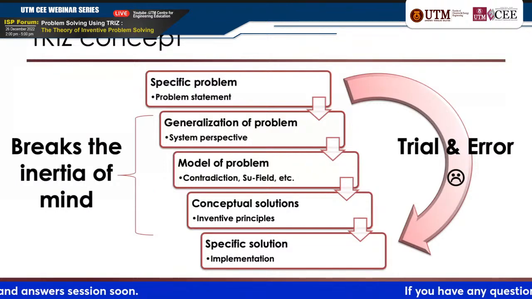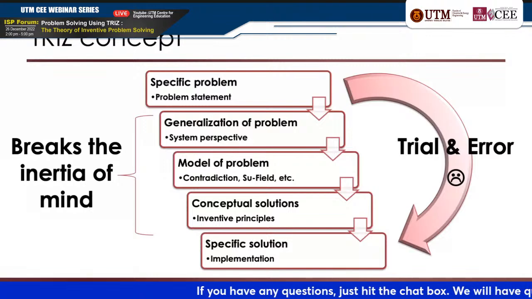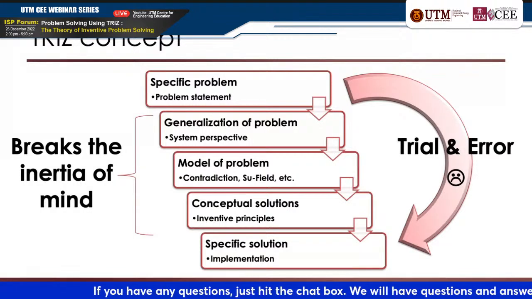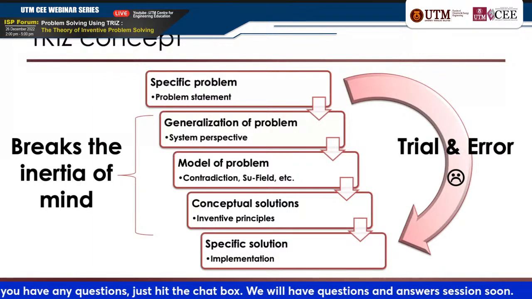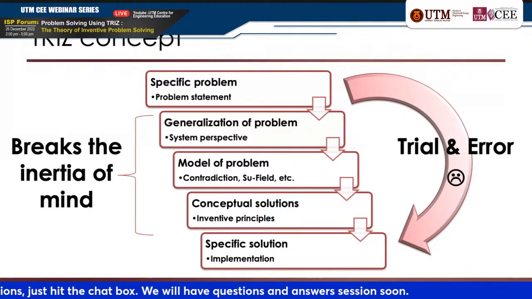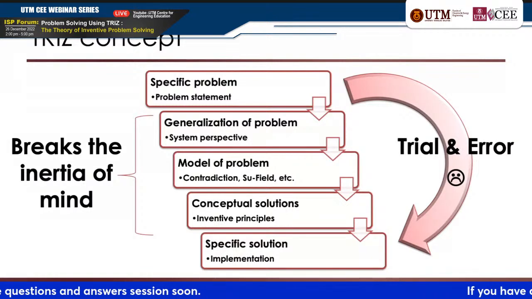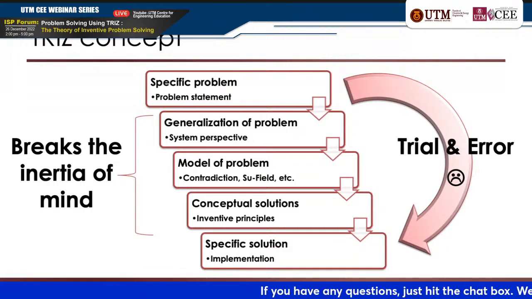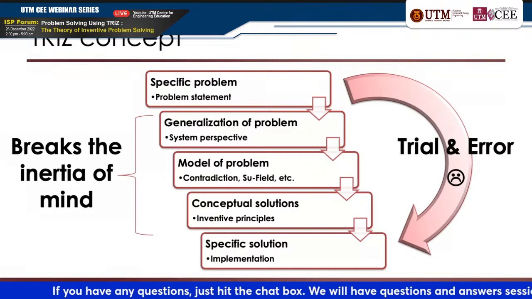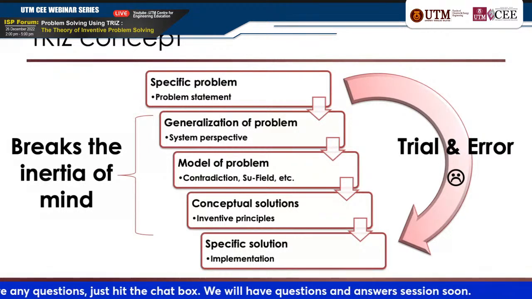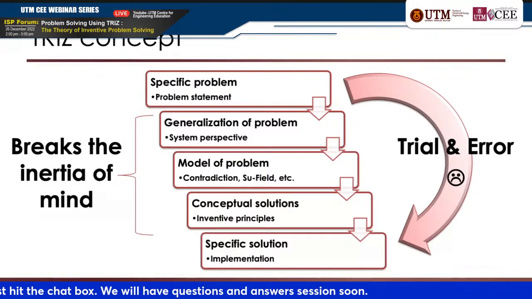If we go with trial and error, you might be able to solve the problem quickly, but there is also a risk that the solution is not 100% solved. You need to make sure you do not waste a lot of resources and time. Right the first time is different from trial and error.